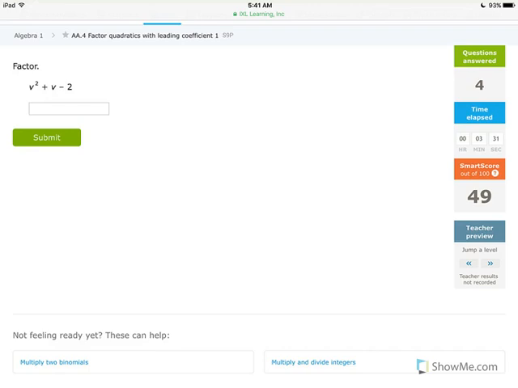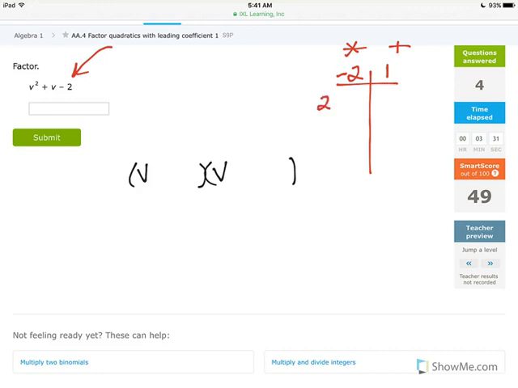And here's another example that has some different signs, plus and minus signs. So the v squared, you're going to need v times v. We're going to be looking for things that multiply to be the back number. So they need to multiply to be negative 2, but they need to add to be positive 1v in the middle. So they need to add to be positive 1. So factors of 2 are just 2 and 1.